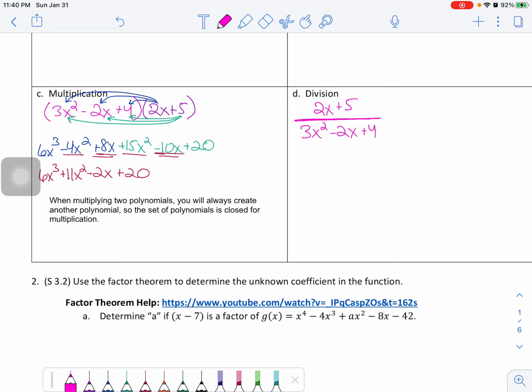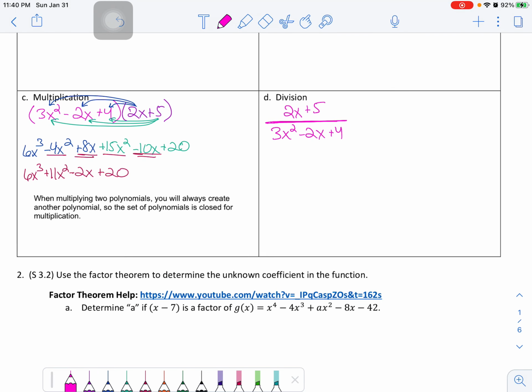It's just not possible. So now I've created a division problem, polynomial in the numerator, polynomial in the denominator, but this answer is not a polynomial. 2x divided by 3x squared, if we were to try to do synthetic division or long division, it's not going to work. So it's very easy to see that we are not creating a polynomial.